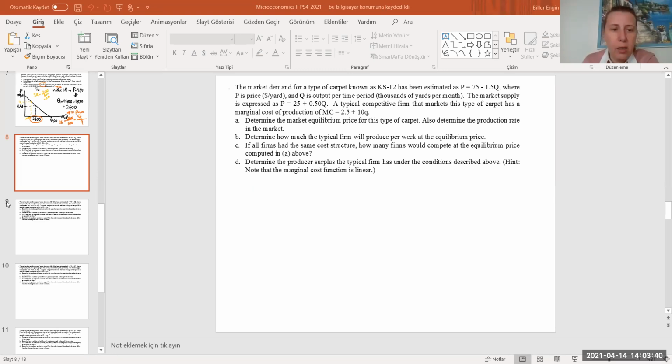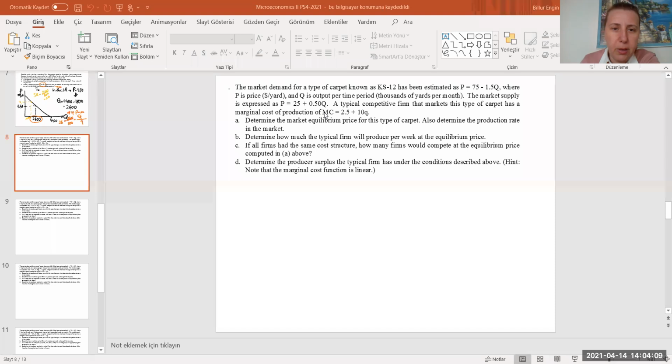Okay. We have two questions about perfect competition again. The first one: the market demand for a type of carpet known as KS12 has been estimated as P equal to 75 minus 1.5Q, where P is price and Q is output per time period.